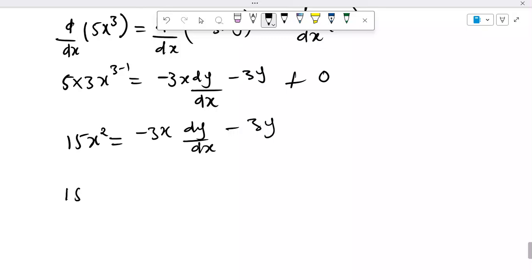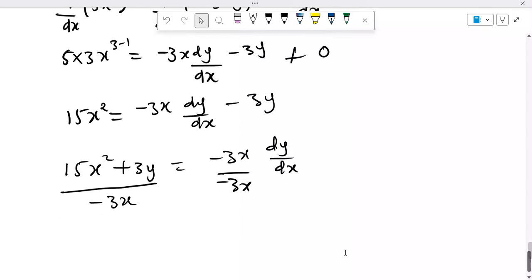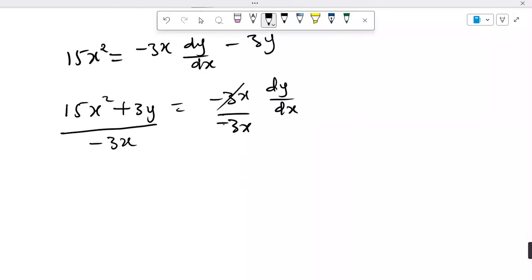So we say 15x squared, when this comes here it becomes positive 3y, equals negative 3x dy/dx. So you divide by negative 3x, negative 3x. Okay, so this and this will cancel out.